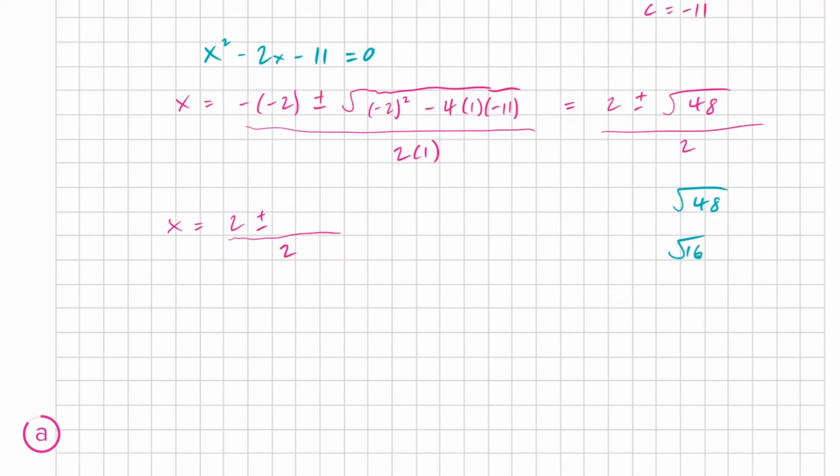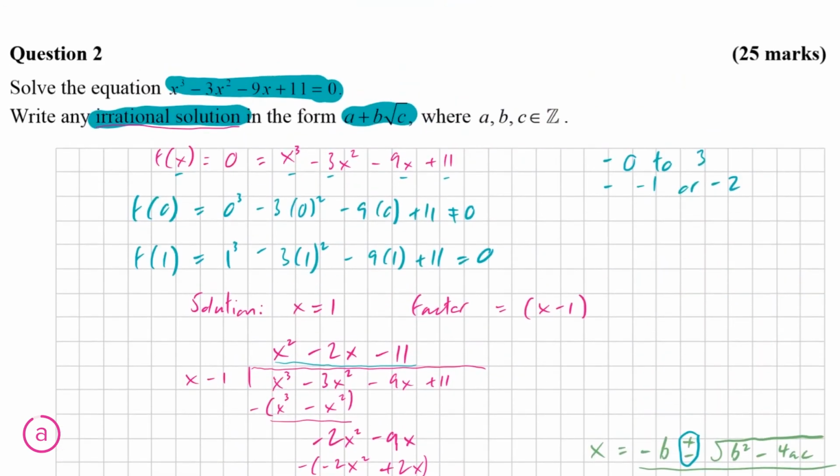So given root 16 and root 3, that's going to simplify to 4 root 3. So that's how you simplify it further. So now we've got a top line that's divisible by 2, is simply going to be 1 plus or minus 2 root 3. And as we can see, that's in the proper form, so we're happy with that.